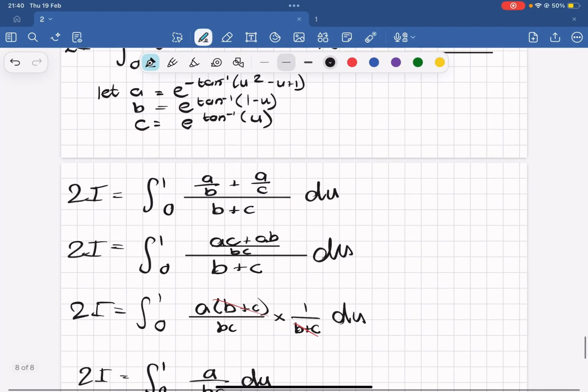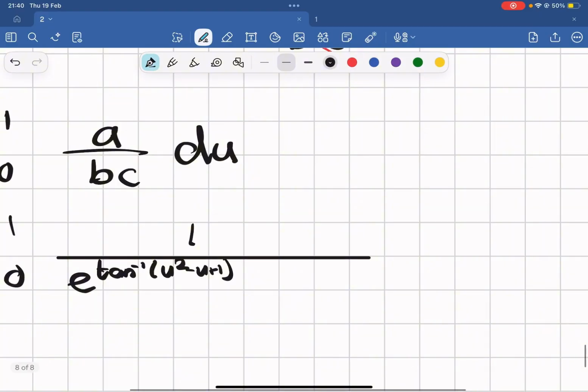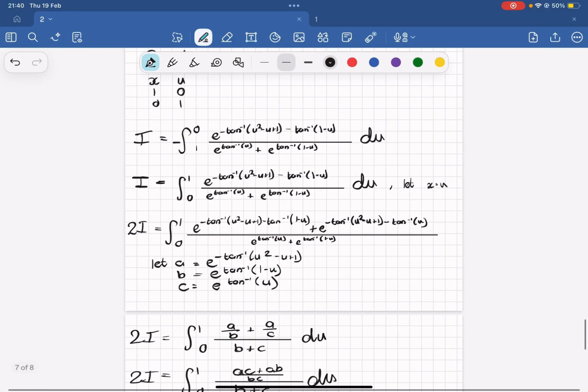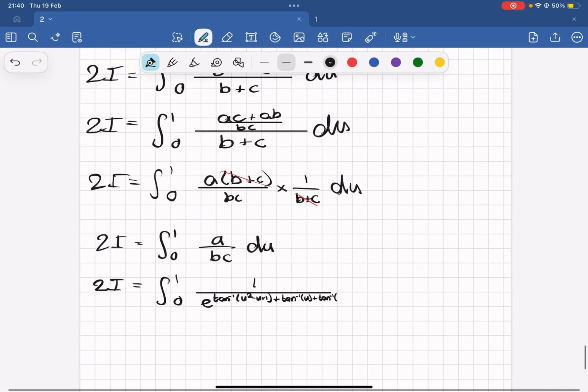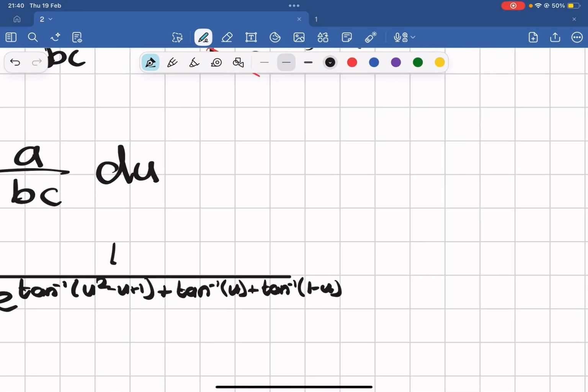So that becomes plus tan minus 1 of u plus tan minus 1 of 1 minus u.